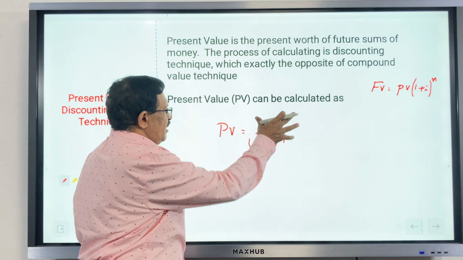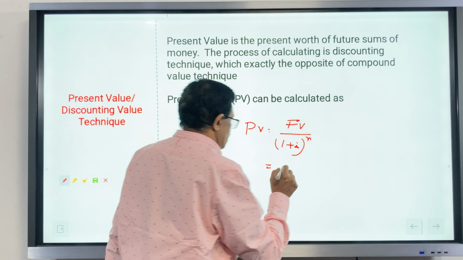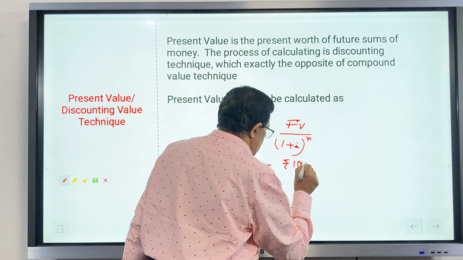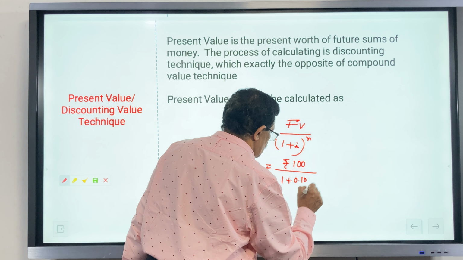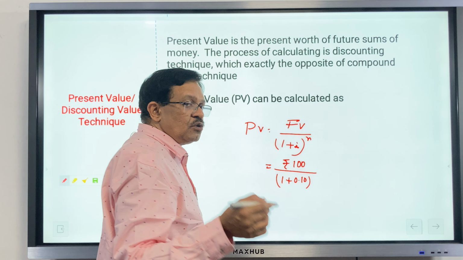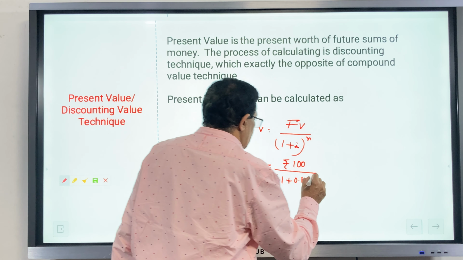Suppose somebody said that they will be giving 100 rupees to you after 1 year, and the discount rate is going to be 10%, then the present value is going to be rupees 100 divided by 1 plus 0.10, because 10% is equal to 10 by 100, which is equivalent to 0.10, to the power of 1.